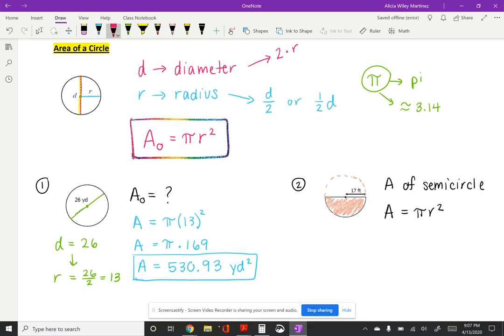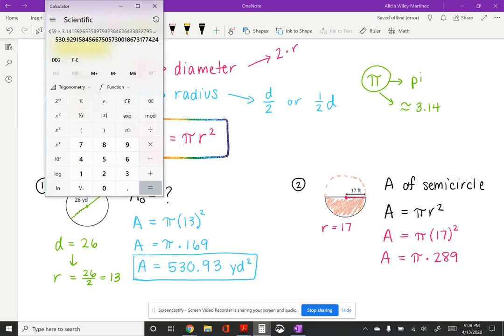So to find the area of the circle, you're going to do pi times the radius squared. Remember, the radius is the length from the center to the outside of the circle. So that means our value that they gave us here is our radius. So you're going to do pi times 17 squared. So simplifying that, we know 17 squared is 289.